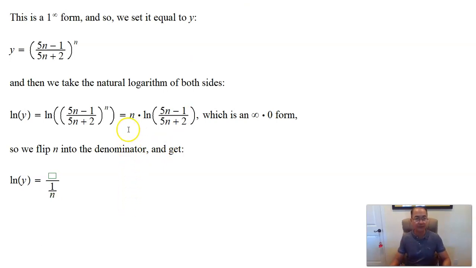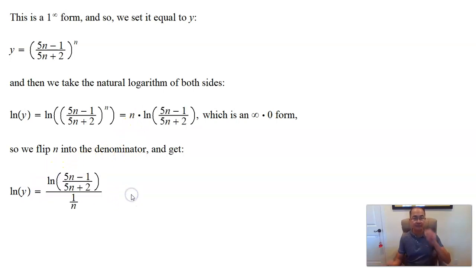So we're going to do a backflip there, and the ln stays there. If this feels familiar to you, we did this in the ratio test as well. Just look at the video. So this is now a 0 over 0 form, so we can apply L'Hopital's.